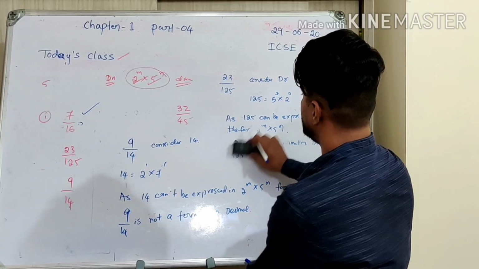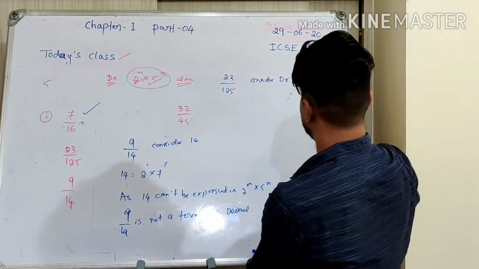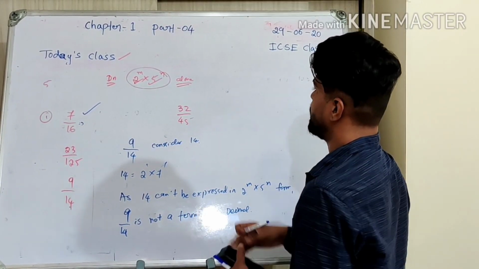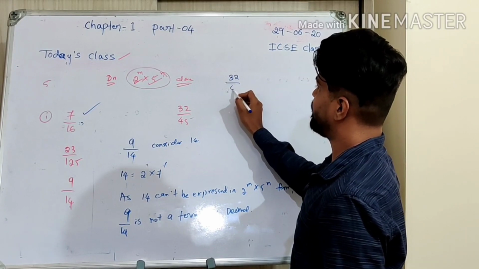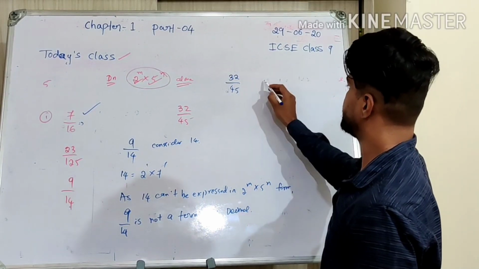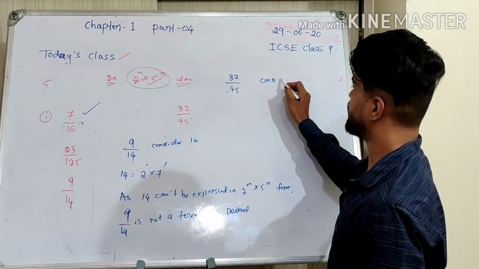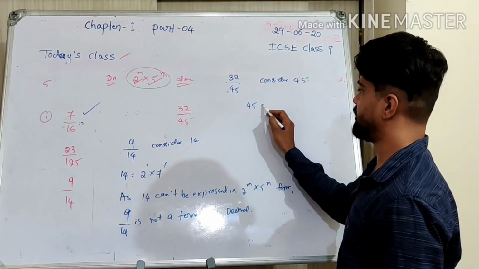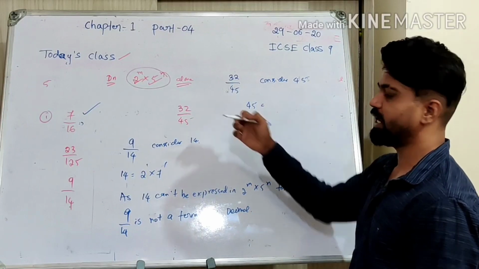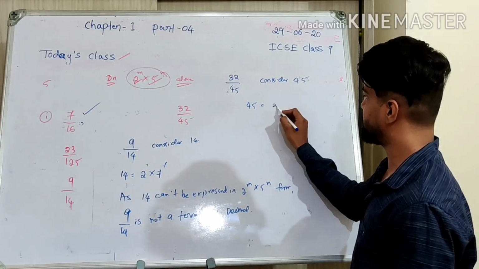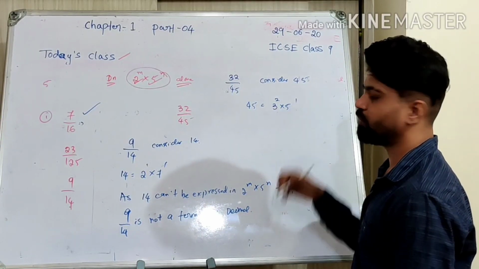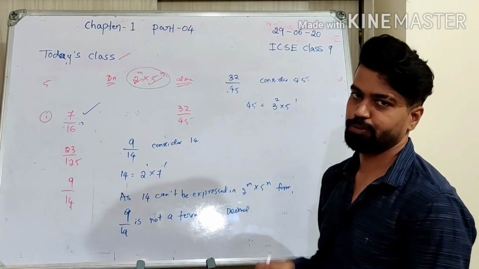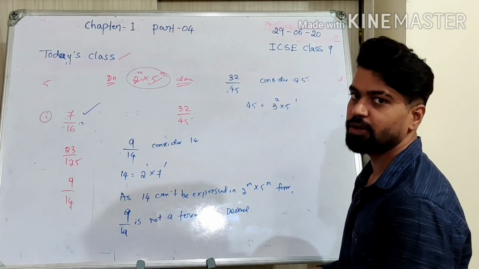Okay, so now coming to 32 by 45. So consider the denominator 45. 45 can be expressed as what? Tell me. So we have 9 fives are 45, right? 9 means 3 square into 5 power 1. So do we have 2 power anything here? 2 power 0 we can say, but we also have 3 in this.